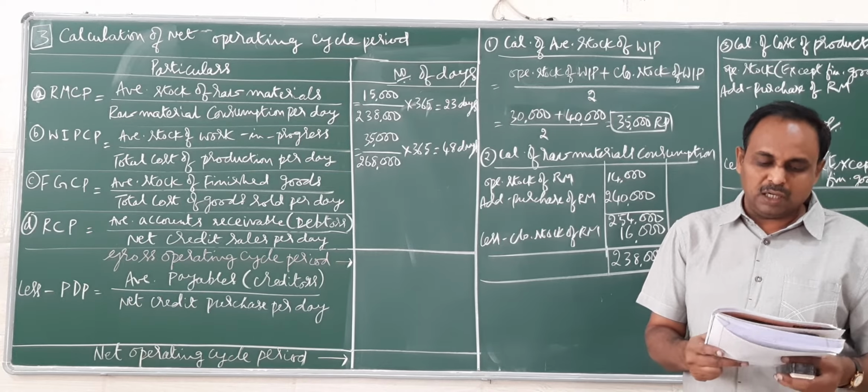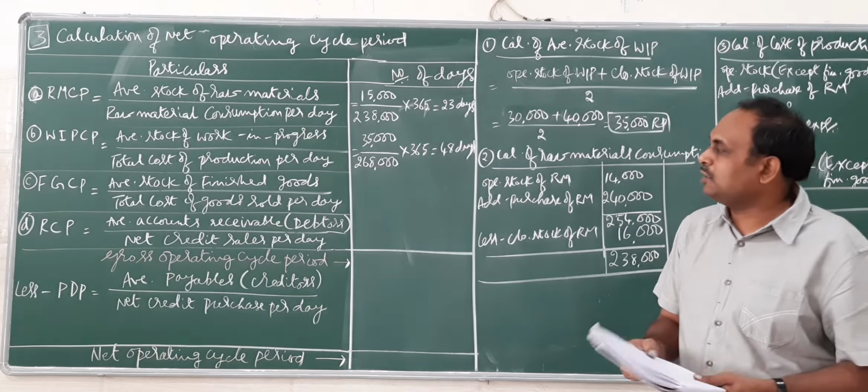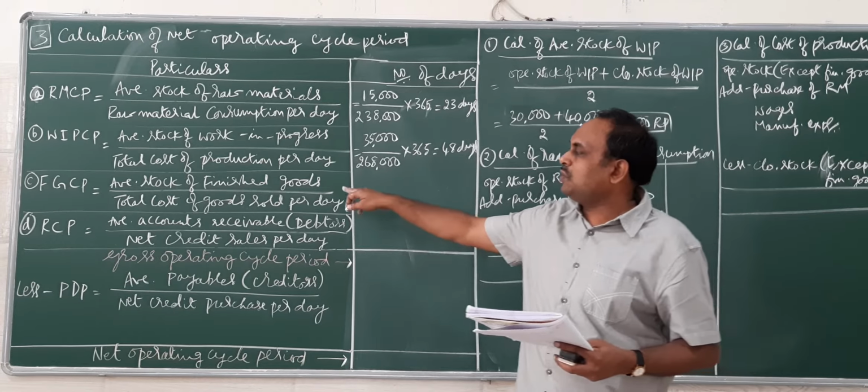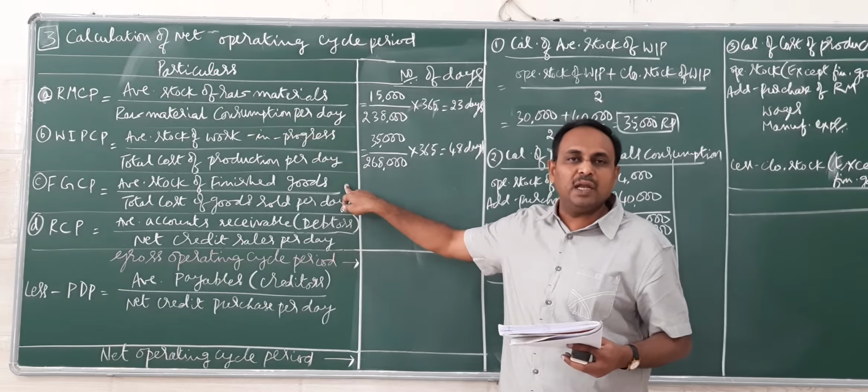Let us move on to the next formula, that is connected to finished goods conversion period. For that also we need average stock of finished goods. So similar to the one we have done here, average stock, we will go for it. So average stock of finished goods.